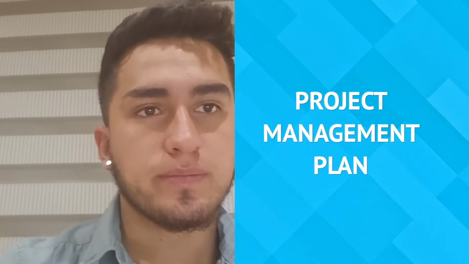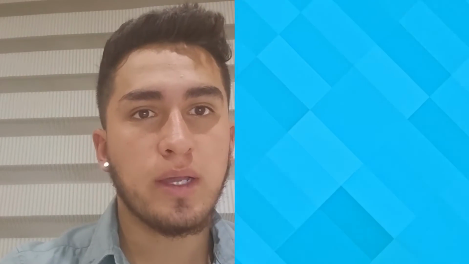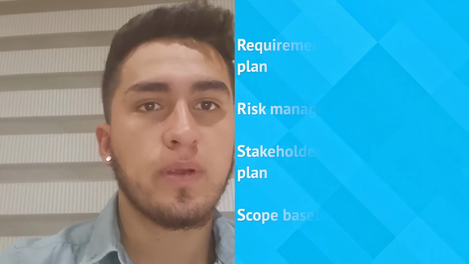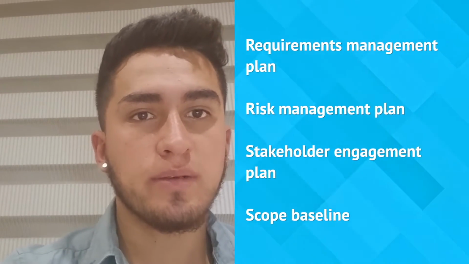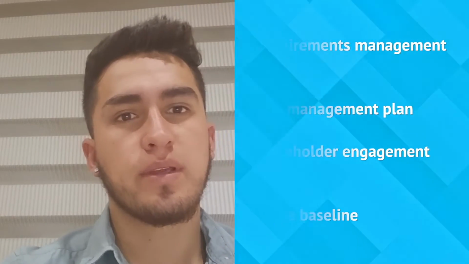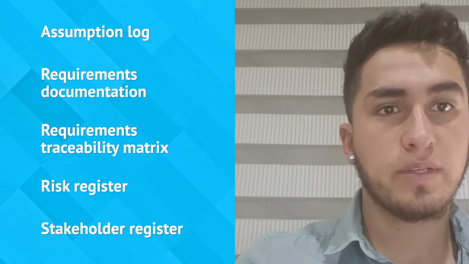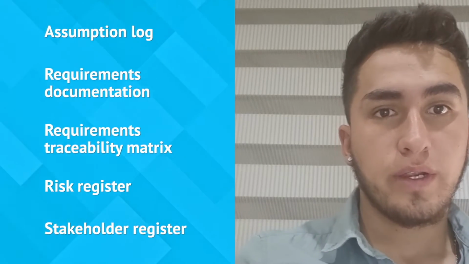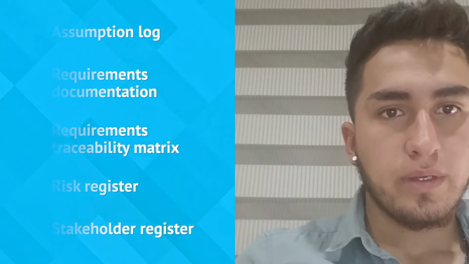of the project. Project management plan. The project management plan components included but are not limited to requirements management plan, risk management plan, stakeholder engagement plan, scope baseline. Project documents: assumption log, requirement documentation, requirement metrics, risk register, stakeholder register.